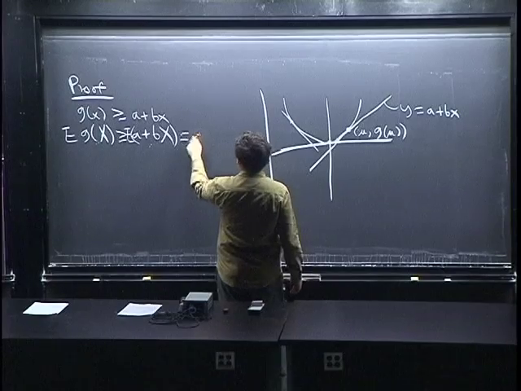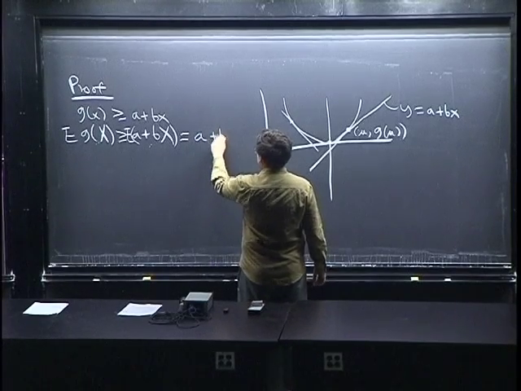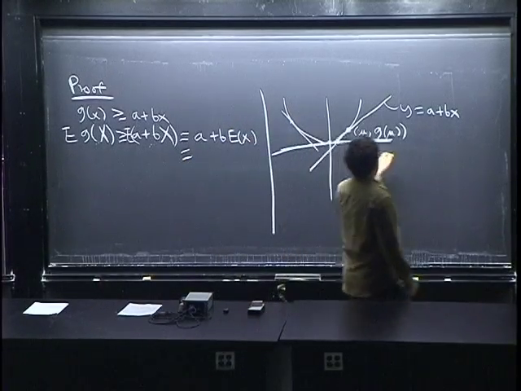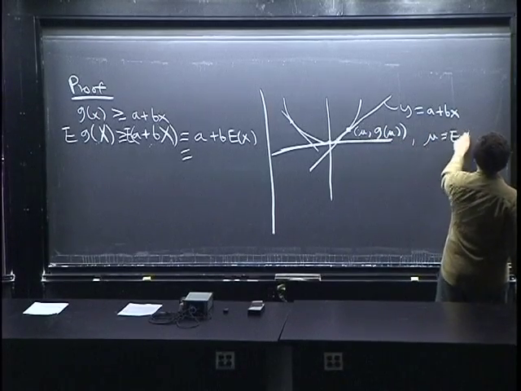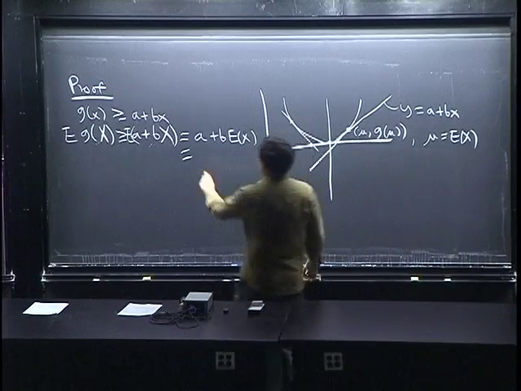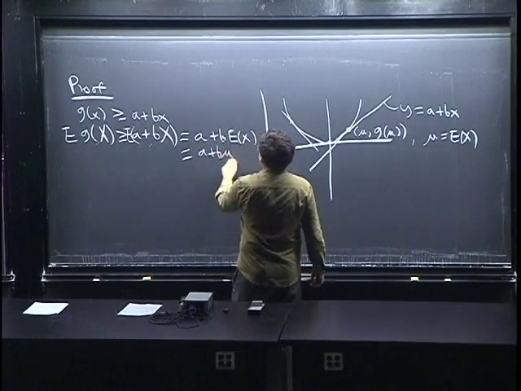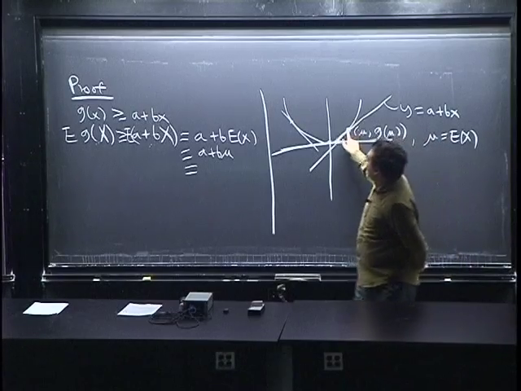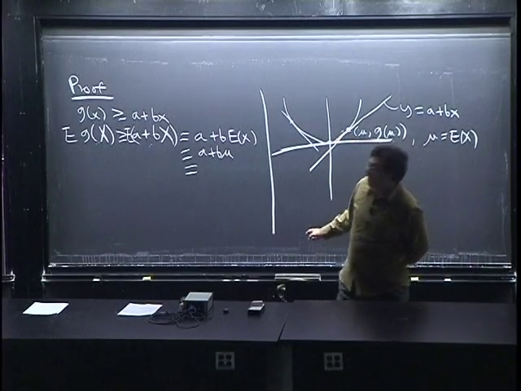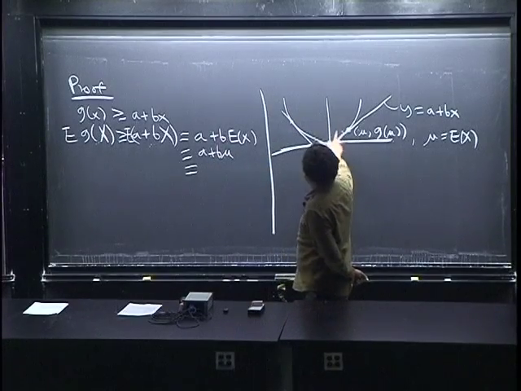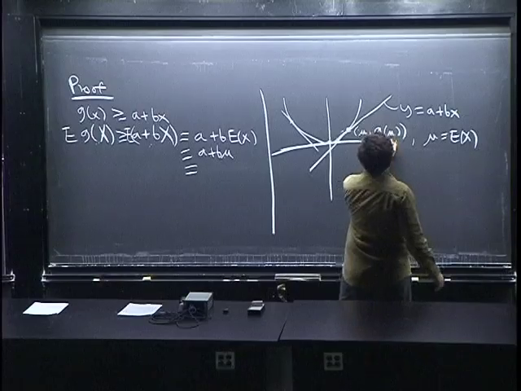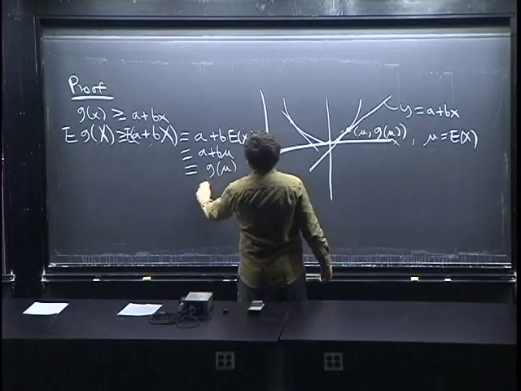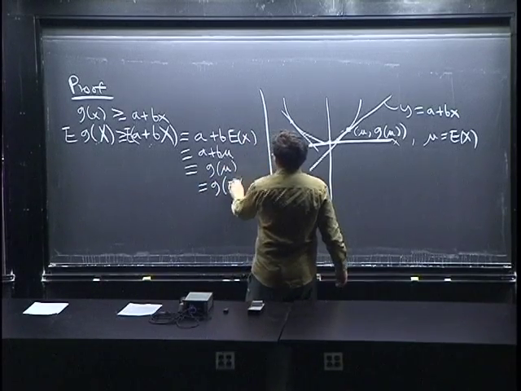And then we know that E of a plus bX is a plus b E of X. I'm letting mu equal E of X, that's the notation. So that's a plus b mu. But we chose this line such that the line intersects the curve at that point. So at the point where x equals mu, that's the same thing as g of mu, which by definition is g of E of X. So that's Jensen's inequality.